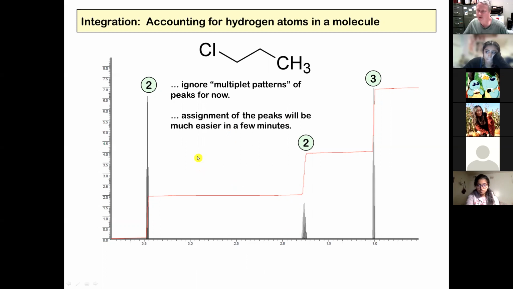You'll learn very quickly that this one is going to be the one next to the chlorine, this one is going to be the one in the middle, and this one's going to be the one on the right. But you're going to learn why in a second. Somebody said, is the reason the CH2 on the left is farther away because of the chlorine? That is true, but we'll explain it. You'll understand why in a second.